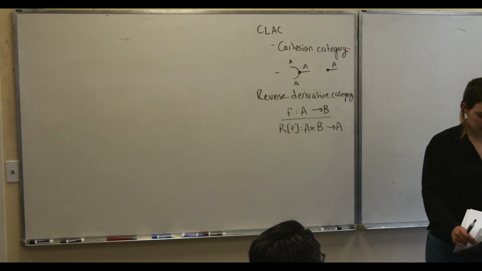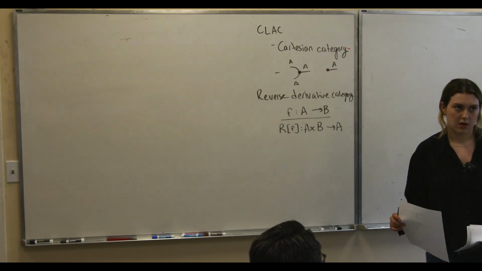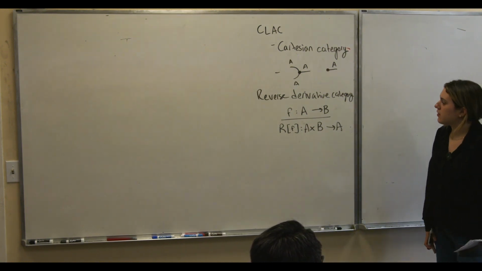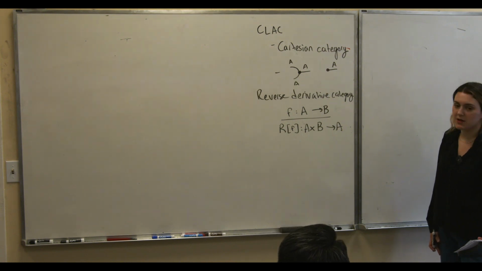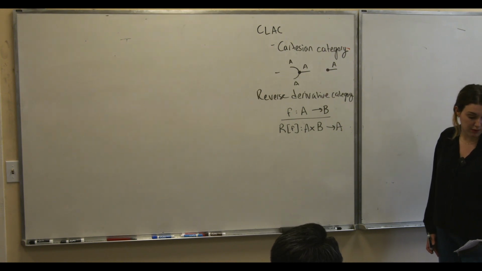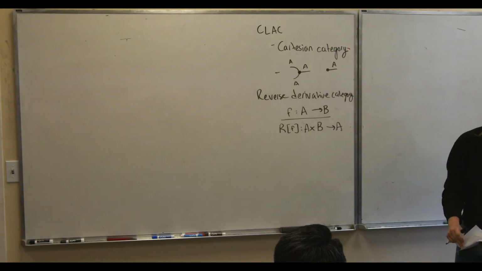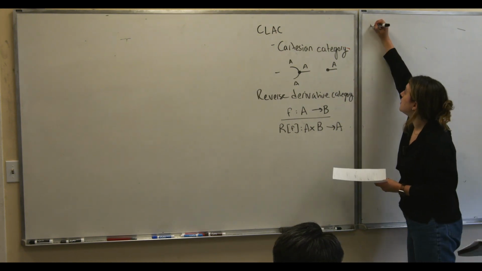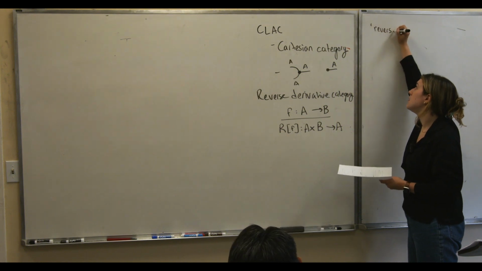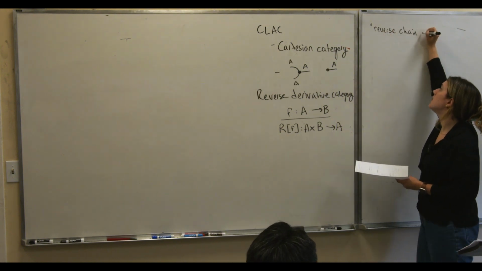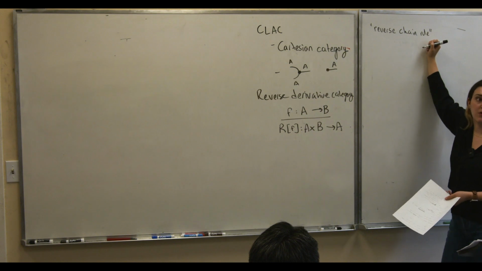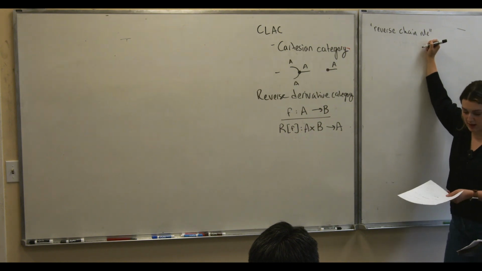Okay. So a reverse derivative category, the reverse derivative combinator is subject to a bunch of additional axioms, which I'm also not going to list here, except for one of them, which is what we call the reverse chain rule. It's called the reverse chain rule because it's going to look kind of like the chain rule.